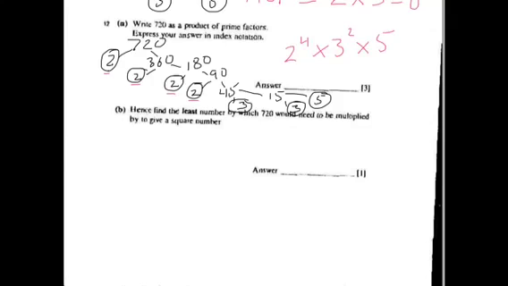Okay, so if we look at what we have for 720 and write them down like this, we have 2 times 2, and then remember it's 2 to the power of 4, so I can write down another 2 times 2.